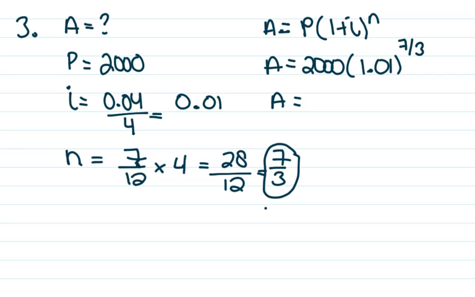Now on your calculator, you would do 1.01 to the power of 7/3. You might have to put the 7/3 in brackets. And then times 2,000, and that should get you 2,046.98. So after 7 months, you owe a total of $2,046.98.